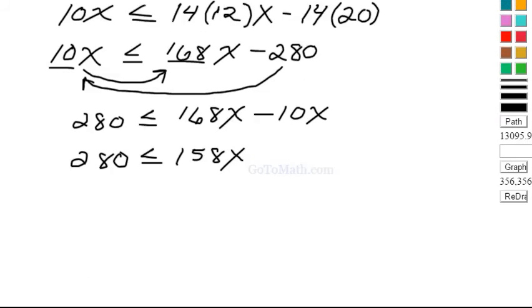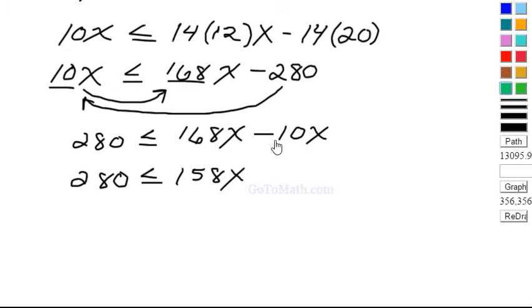Now it's time to multiply both sides by 1 over 158. We've got to get rid of that guy somehow. So 1 over 158 to both sides.